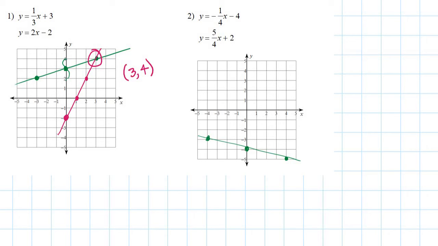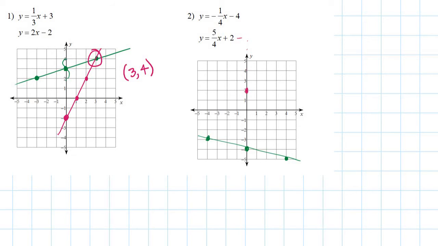So next equation here, positive 2 is my y-intercept, and I need to go up 5 and over 4. Notice, however, I can't go up 5. 1, 2, 3, 4, 5 would be up here somewhere.